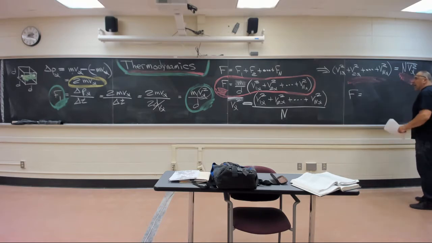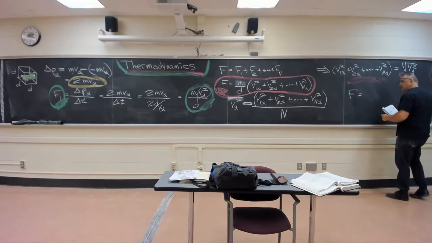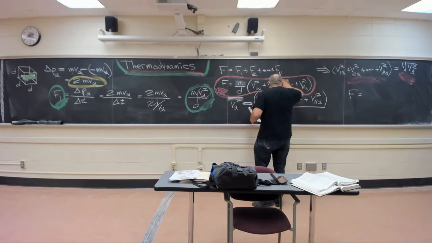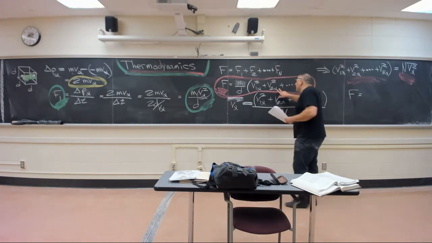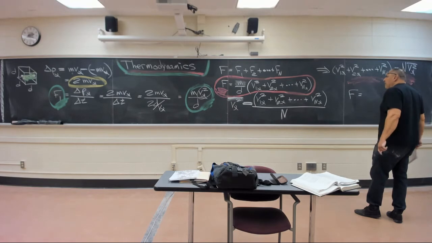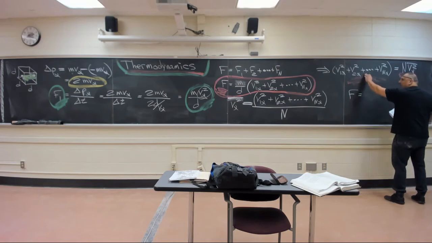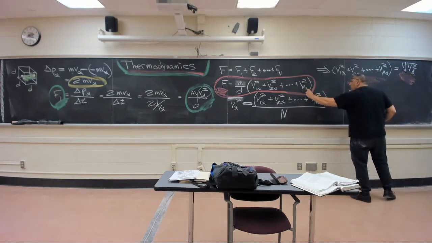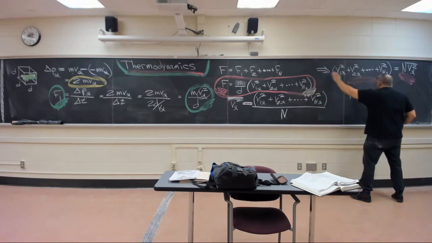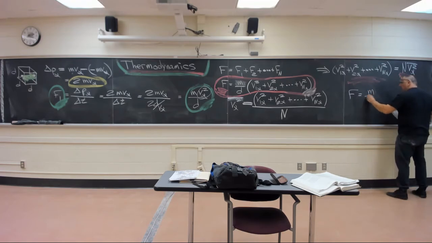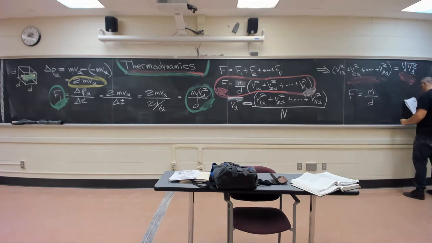What you're going to do is you're going to say F is equal to m over d. This right here is capital N times v sub x squared bar on top. That's going to be m over d times N vx squared bar.